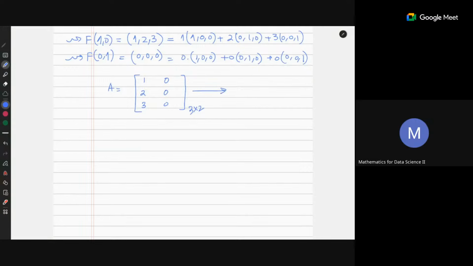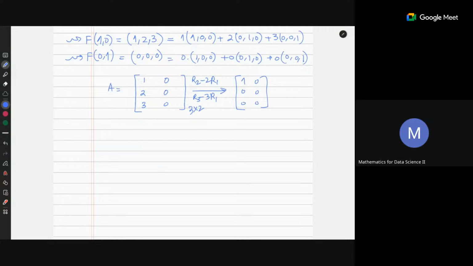So can you tell me the operations also? It is simple. R2 minus 2R1 and R3 minus 3R1 will give you 1, 0, 0, 0, 0, 0. So this is an RREF form. What is the nullity of this?